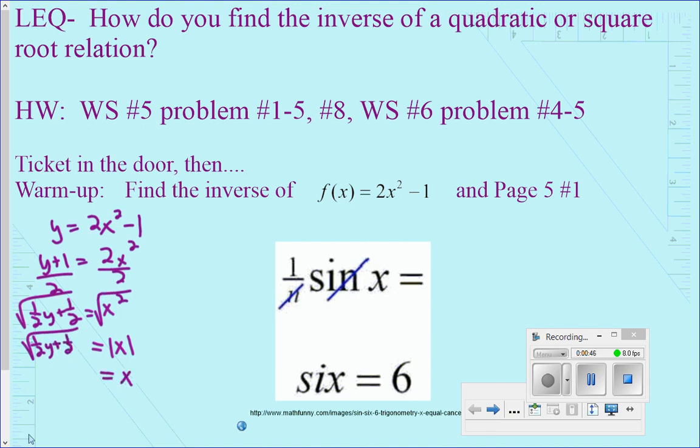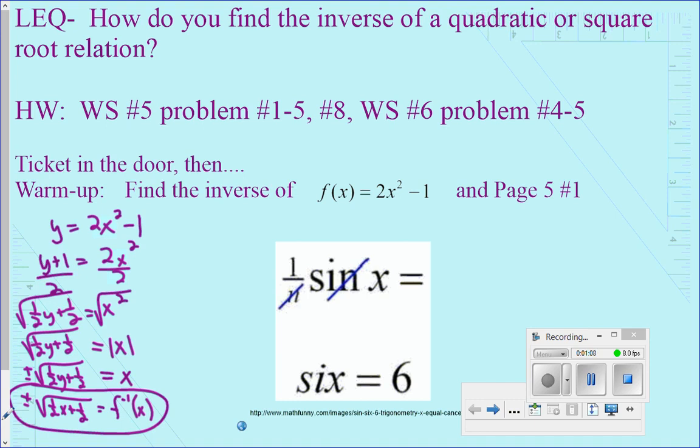And first of all, make that plus minus. And interchange x and y. And this was f of x, so I'm going to make that f inverse of x. And that is my equation.